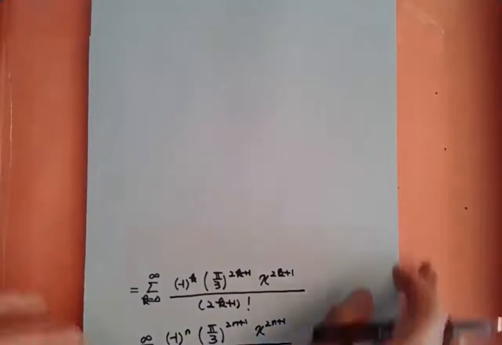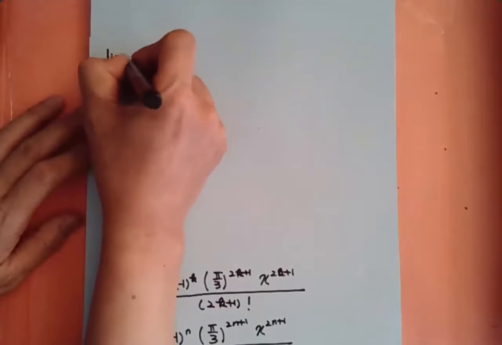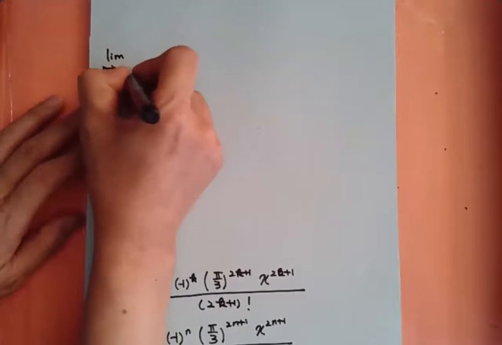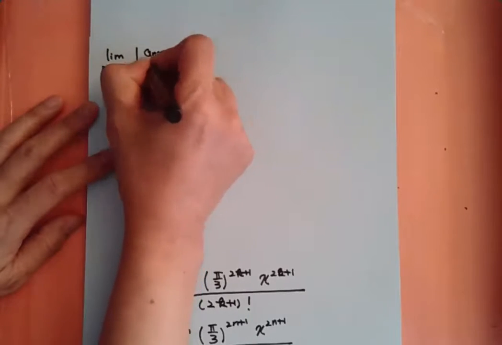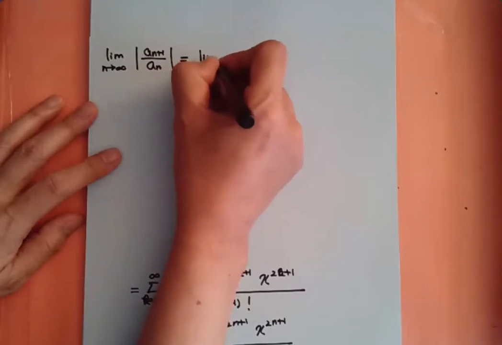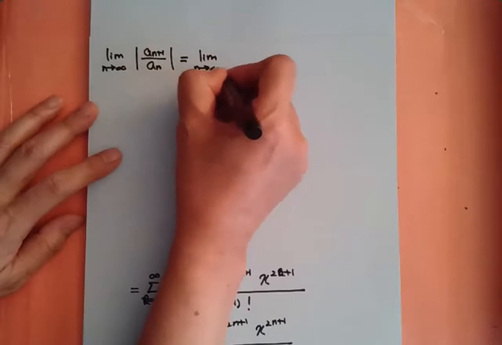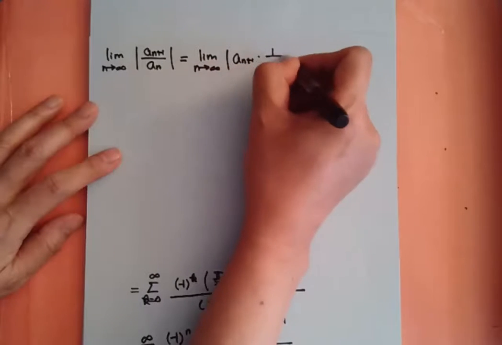We want to calculate the radius of convergence. The limit as n goes to infinity of the absolute value of a_(n+1) over a_n equals the limit as n goes to infinity of the absolute value of a_(n+1) times 1 over a_n.